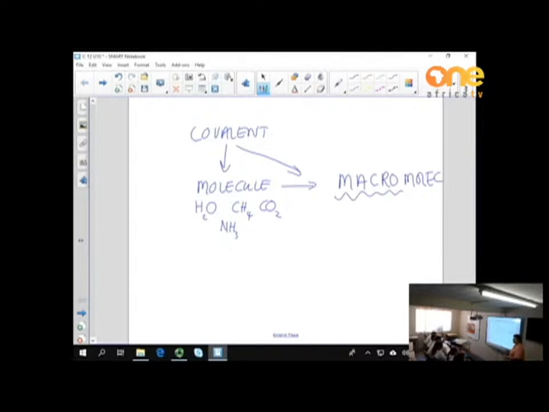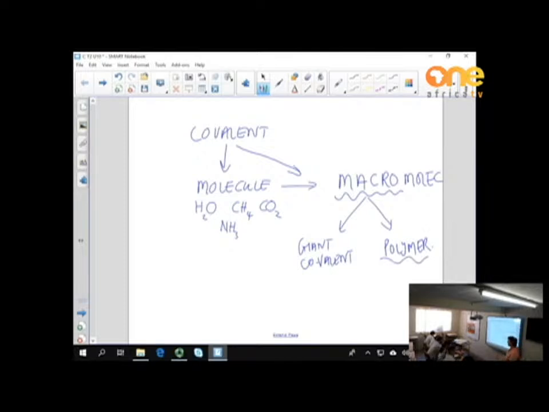We basically get 2 types of macromolecules. The one is the giant covalent, and the other one is a so-called polymer. Now, polymers, we won't do much with them at this point.